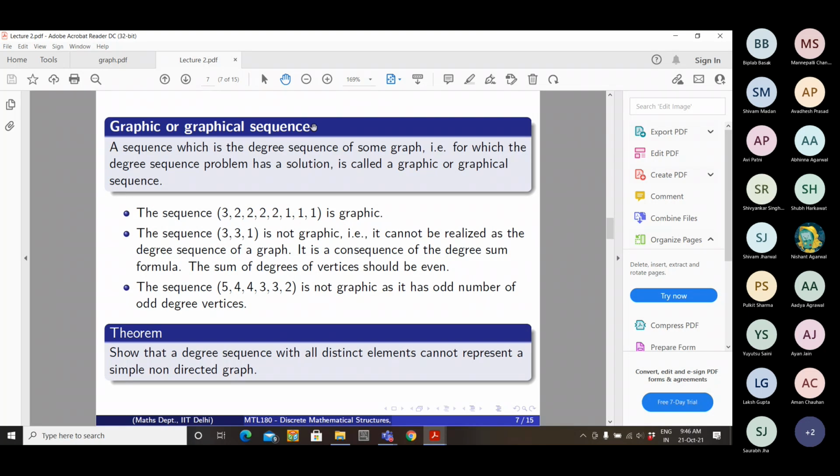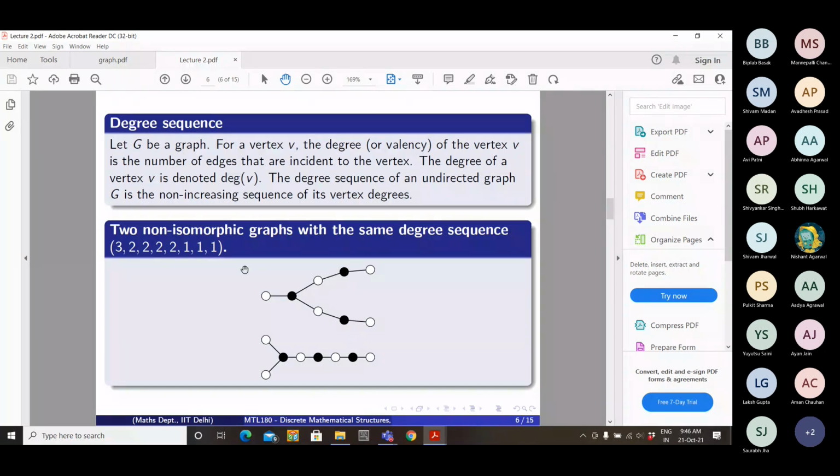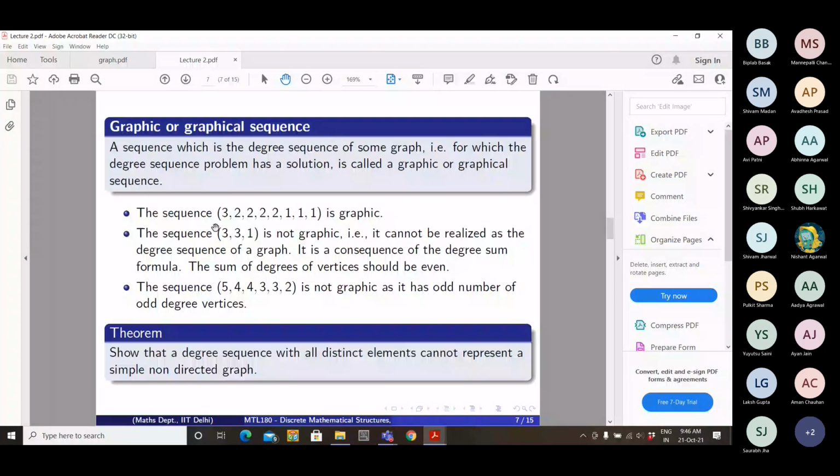By definition, a sequence for which the degree sequence problem has a solution is called a graphic or graphical sequence. So in this example, 3, then 4 times 2 and 3 times 1, we saw earlier that this graph has this degree sequence. Therefore, this sequence is graphic.